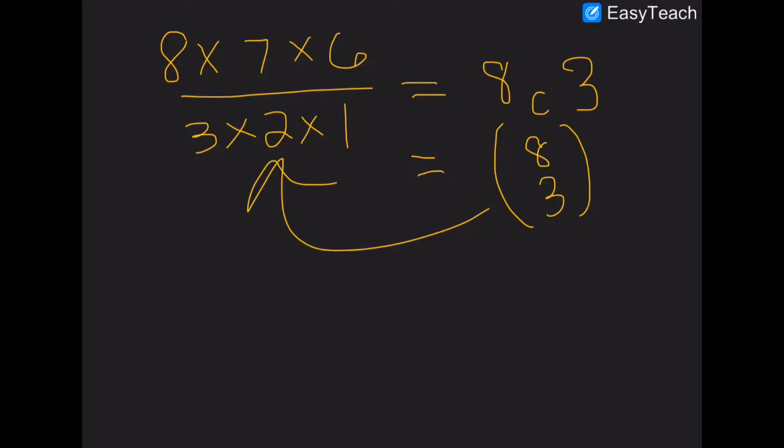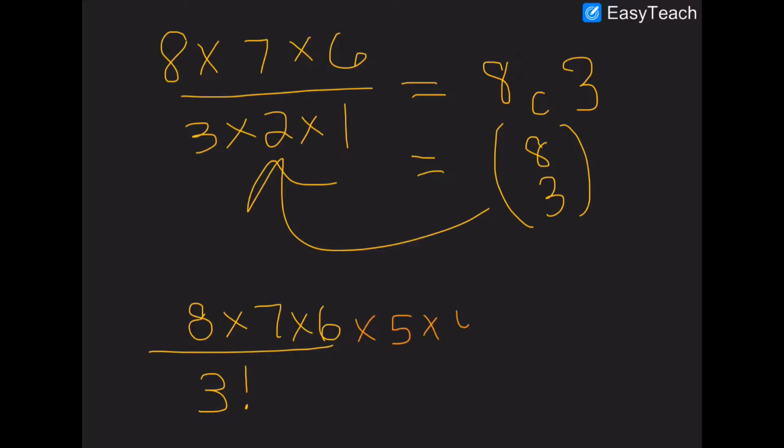And this essentially means this. Another way to think about it is that it's 8 times 7 times 6 over 3 factorial, which is the first 3 numbers of 8 factorial. But wait, where did the rest of the factorial go? Let's write that in: 5 times 4 times 3 times 2 times 1. And if we do that, we're going to also have to add it in the denominator.